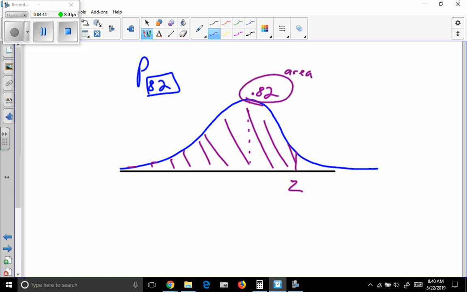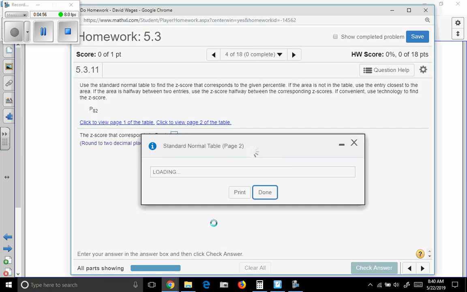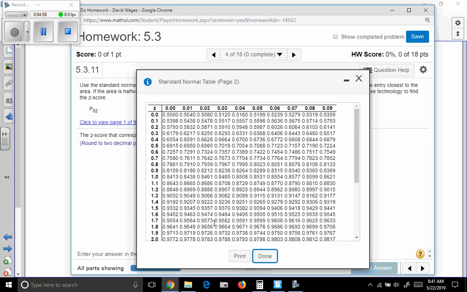It's a percentile, it's a probability, but that also corresponds to the area under the curve. So we have to find out what z-value has that. So if we go to a table, we're looking for an area of 0.82, so not a z value of 0.82, but we're looking where is the area of 0.82.